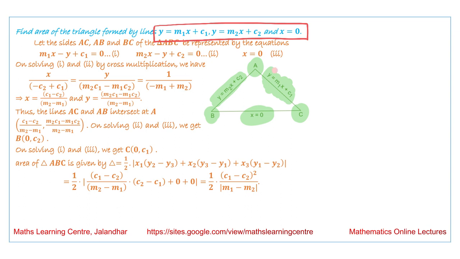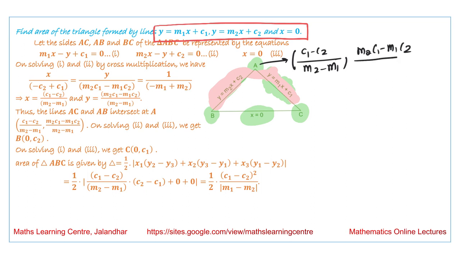Now if we solve these two equations, the coordinates of the point A we obtain are c1 minus c2 divided by m2 minus m1 comma m2 c1 minus m1 c2 divided by m2 minus m1. These are the coordinates of the point A.